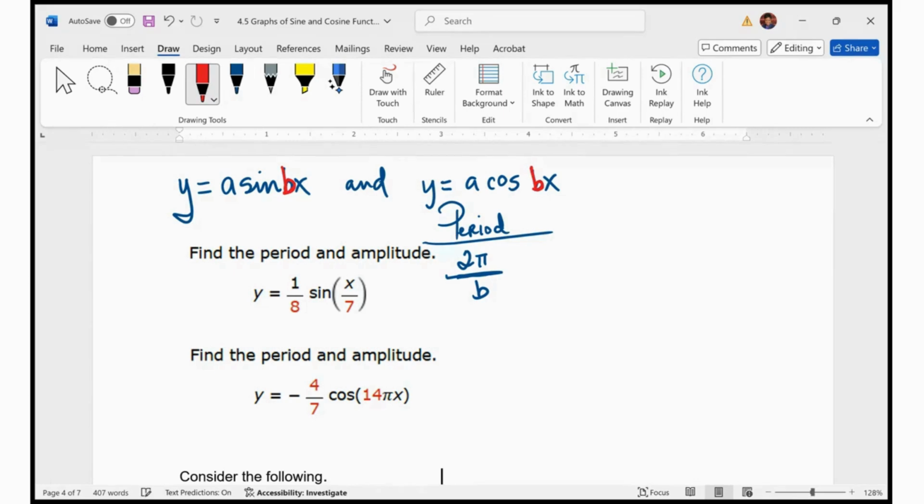So for this first one, what would be b? With x over 7, notice this: the x is not the b. x is its own thing.